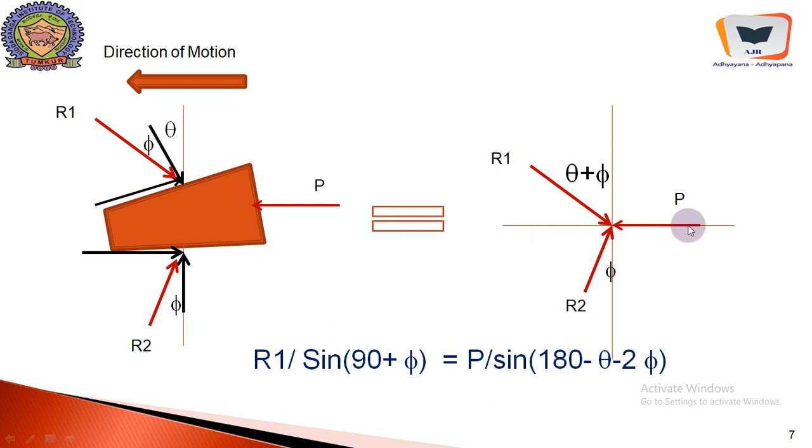Here is the force P, which is pushing the wedge in order to lift a huge block which is on the top of this particular wedge. And here is reaction R1. Reaction R1 is the reaction offered by the big block above the wedge towards the wedge, and this is the resultant reaction of the normal reaction as well as the frictional force offered by the floor to the wedge.